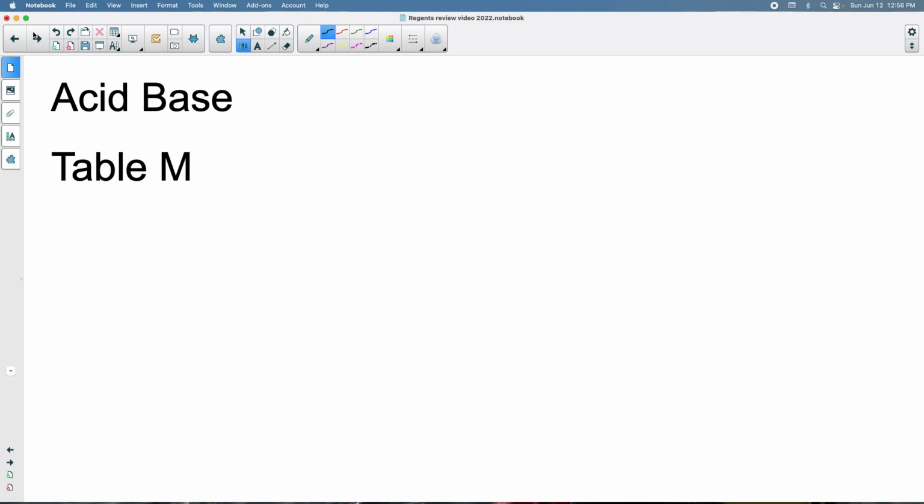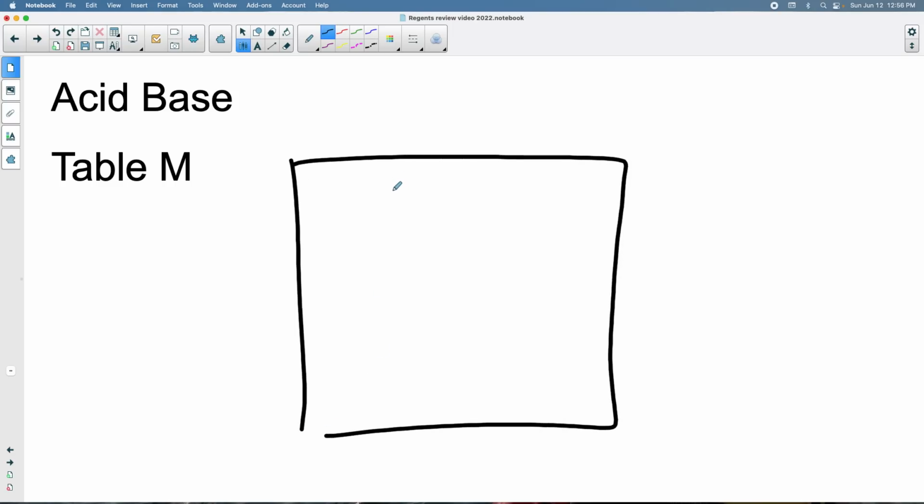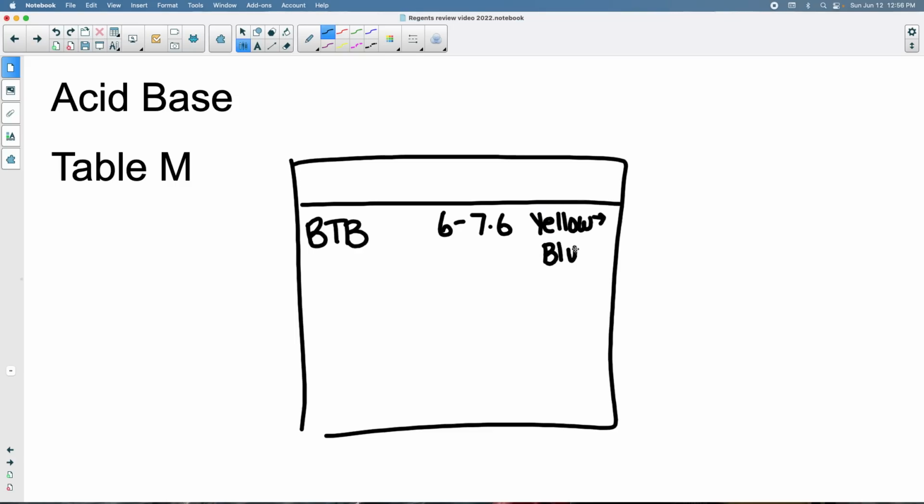When we look at Table M for indicators, I'm just going to pick one indicator here. Let's look at bromothymol blue. Bromothymol blue says that from 6 to 7.6, it changes from yellow to blue.